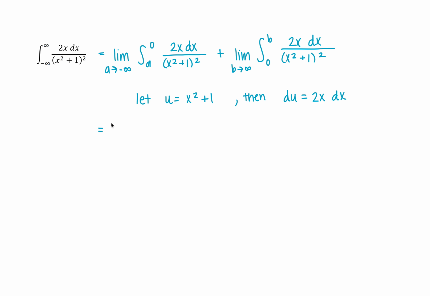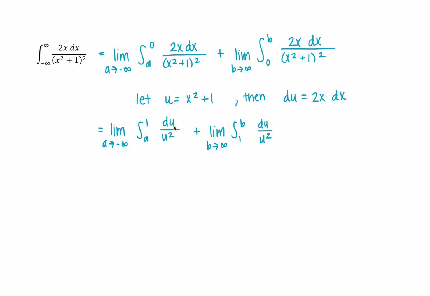So writing it out, I've got the limit as a goes to negative infinity of the integral from a to 1, and it's going to be du over u squared. Over here, it's the limit as b approaches infinity. We're integrating from now 1 to b, and again, du over u squared.